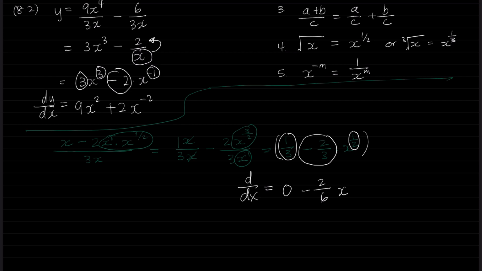So half minus 1 is minus half. Now let's simplify this a bit. Minus 2 over 6 times x to the power minus half. Now minus 2 over 6 is minus 1 over 3. So minus 1 over 3 times x to the power minus half.